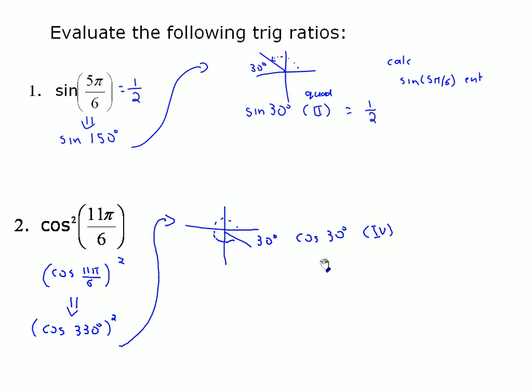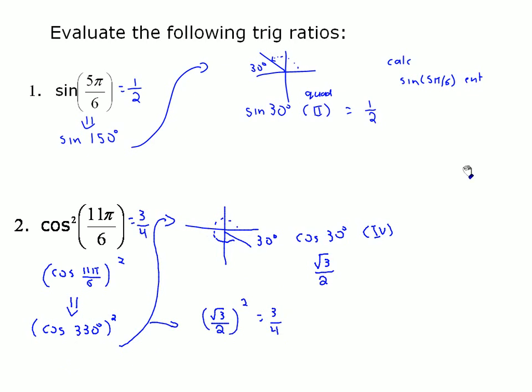So we end up getting root 3 over 2, which is the cosine of 30 degrees, and then positive. Now when we square that, root 3 over 2 all squared, we will then get 3 over 4. And that's our answer.